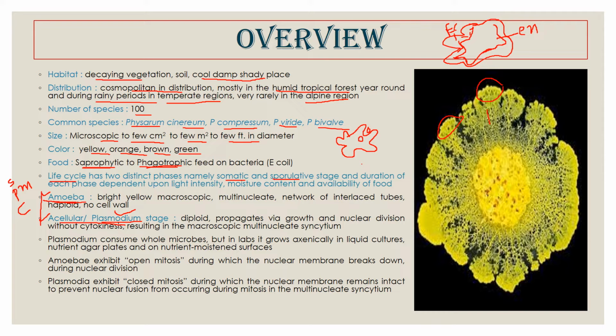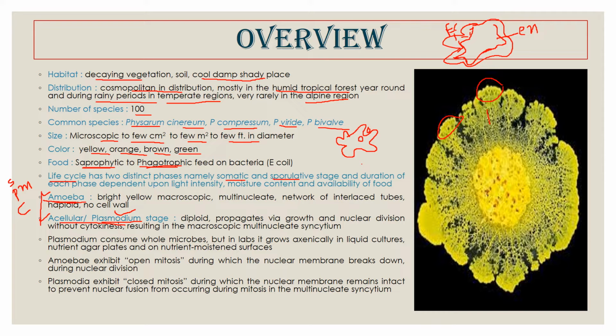It was observed that this streaming is seen in a cyclic event. That is, first it streams clockwise for, say for example, 40 to 60 seconds. Then after 40 to 60 seconds, the streaming stops, and then it starts streaming in the reverse direction.